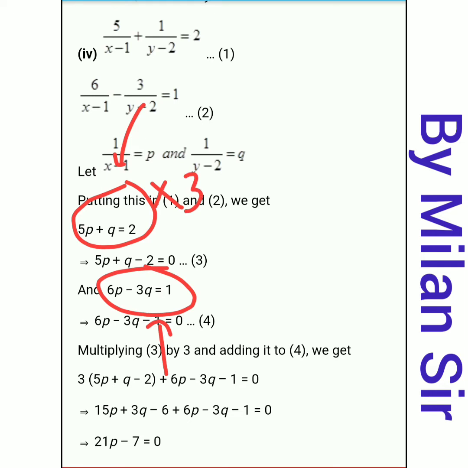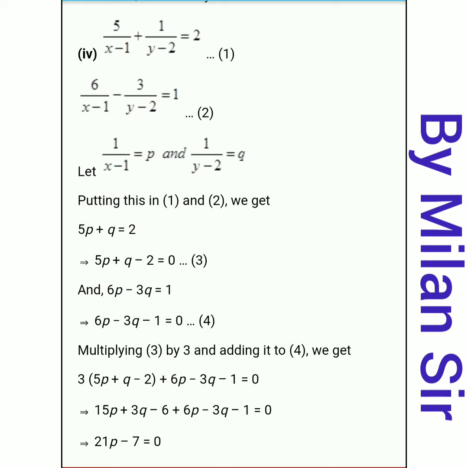Here we have a plus sign, here we have a minus sign, so we do not need to change the sign. We want different signs. So we use the addition process. Just write down: multiply equation number 3 by 3 and add with equation number 4.